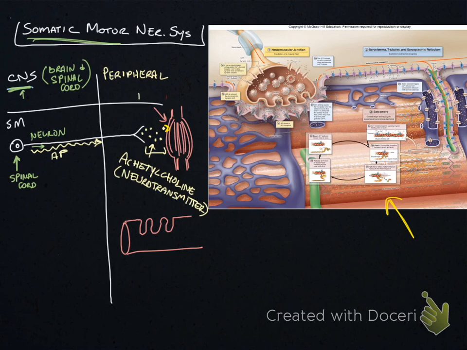This receptor is called a nicotinic acetylcholine receptor. And it's not just found anywhere on the muscle. It's in a fairly specific place in an extremely folded area of the muscle. It's a super folded area of the skeletal muscle cell membrane called the motor end plate.